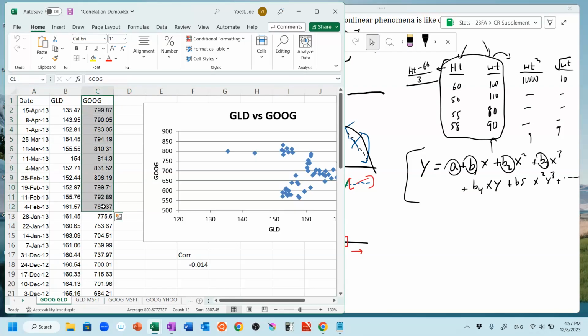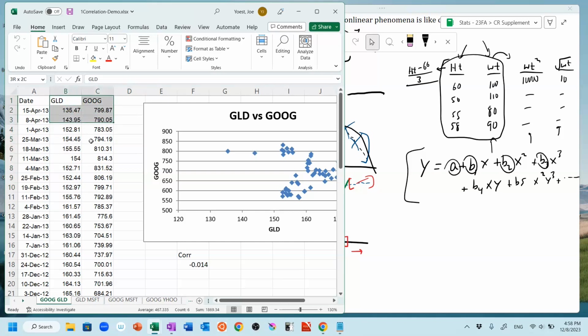So this is essentially the price of Google per share, and this is basically the price of gold. These are the prices for SPDR Gold Shares, which is an exchange traded fund. So you're not actually buying gold bullion, but you can essentially think of this as the price of maybe something like 1/10 of an ounce of gold.